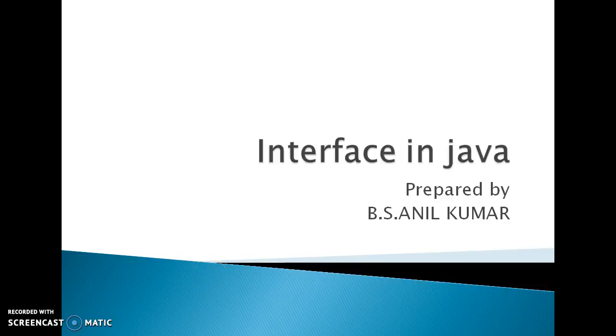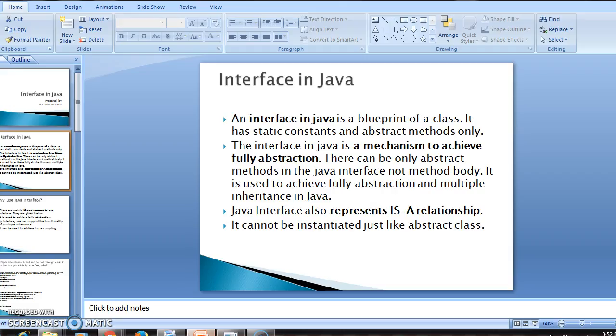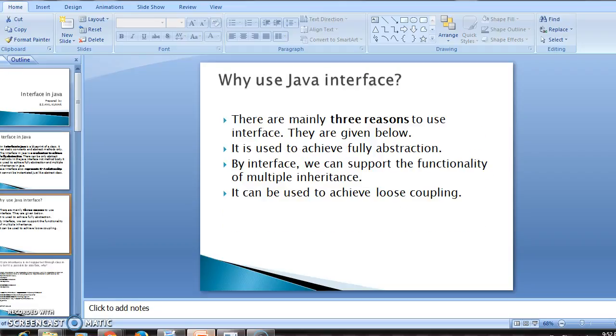I'm Anil Kumar. Today I will discuss the concept of interface in Java. What is meant by interface first, what is the advantage of the interface, and why we have to use the Java interface.